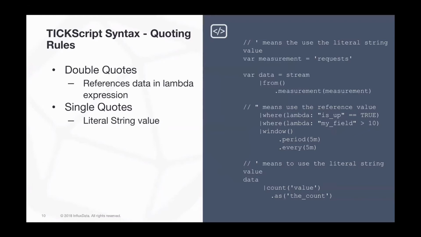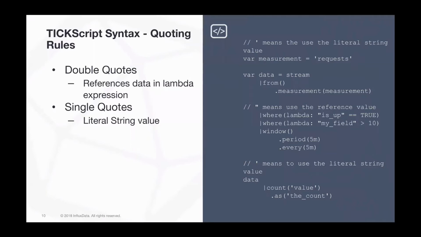If you take a look at the example here on the right, all field or tag identifiers must be double quoted. You can see the double quotes around is_up, and around my_field. Comparison operators for equality are either a double equals or a single equals.